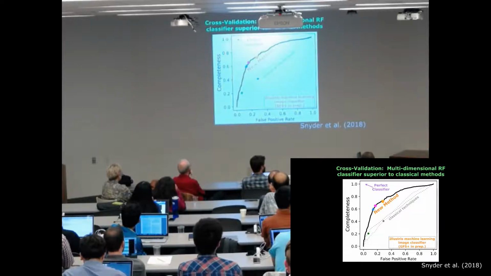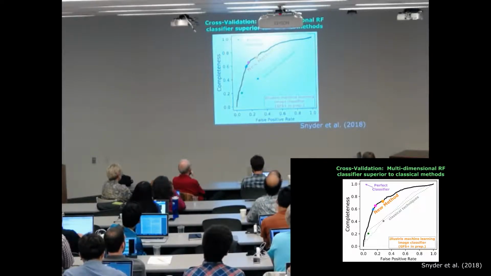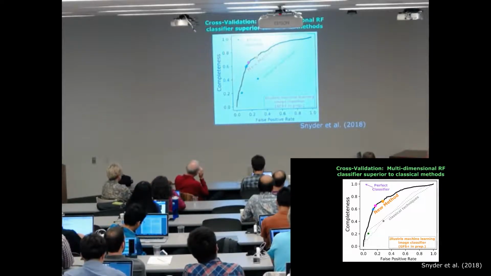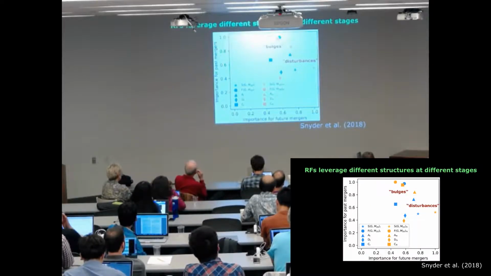So we're accessing more mergers than we can with just a one-dimensional classifier alone, which is nice. But I would say there's still room to go here. We're getting sort of 80% completeness, 30% false positive rate for this admittedly fairly challenging training set. But I think there's lots of different algorithms one could pick. I think we'll hear about more in the next session that would perhaps improve upon this state.